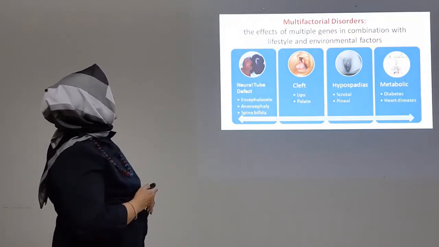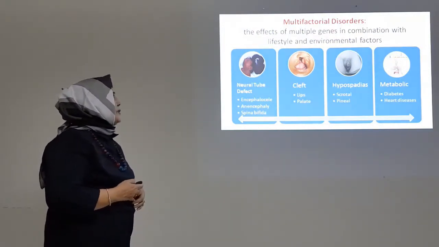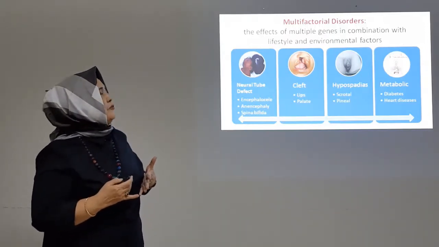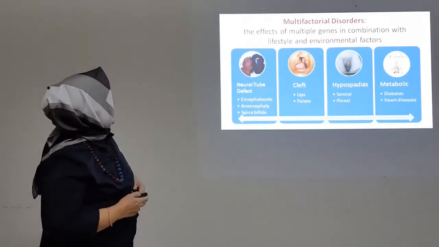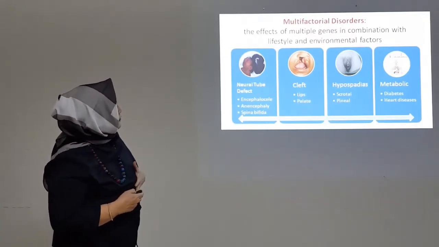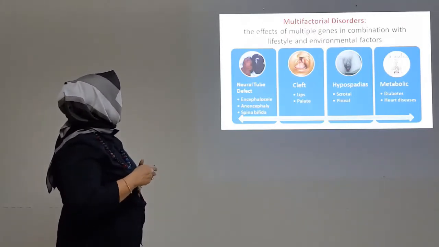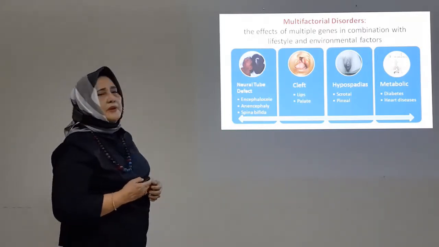Next one. This is multifactorial disorders. People still believe that multifactorial disorder is a mix between genetic and environmental factors. This is some examples. Neurologic defects, can be anencephaly, can be spina bifida.